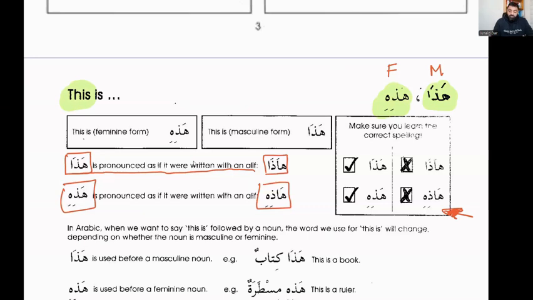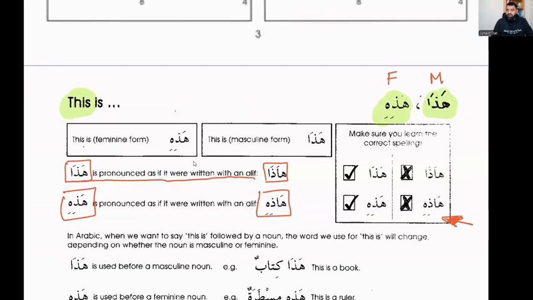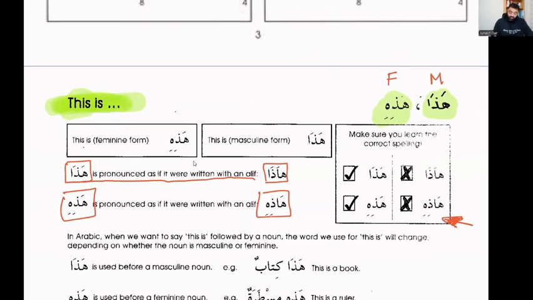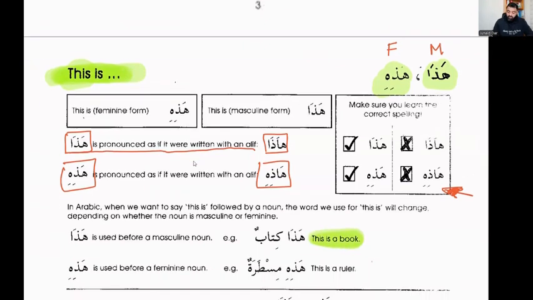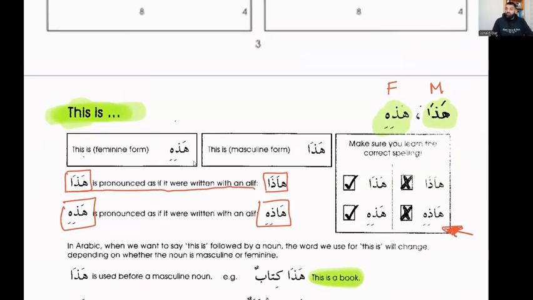So what do the words hada and hadhihi mean? They mean this is. Now, if I want to say this is a book, what's the word for book? كتاب, kitabun.